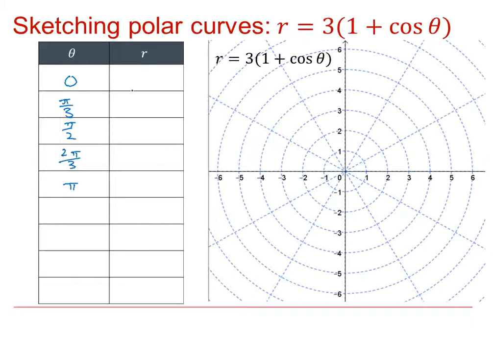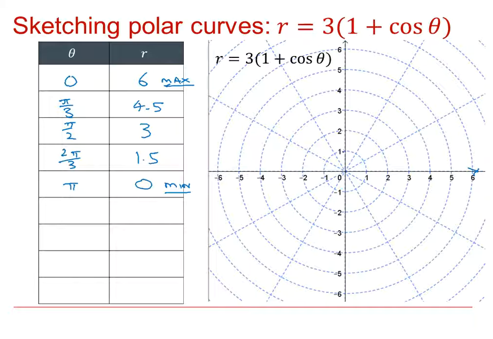At theta 0 we get r equals 6, at pi by 3 we get 4.5, at pi by 2 we get 3, at 2 pi by 3 we get 1.5, and at pi we get 0. Notice 6 is the maximum value of r and 0 is the minimum value of r. So when I'm pointing in the direction of 0, I am 6 units away.